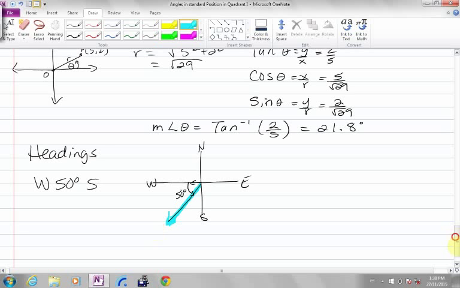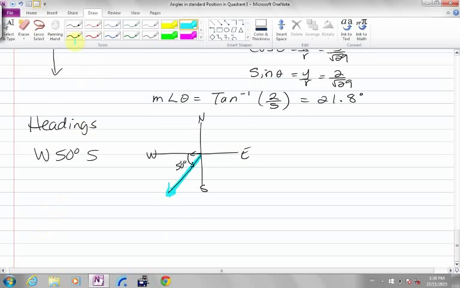So see if you can draw what this would look like. East, 30 degrees north. Which direction would you be heading if you were traveling east 30 degrees north? Just sketch me a little picture of that.